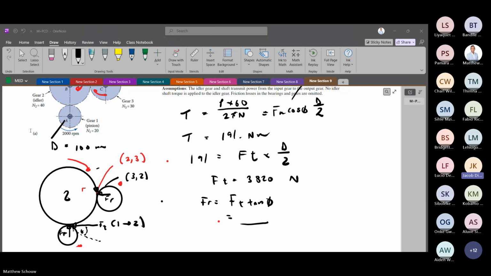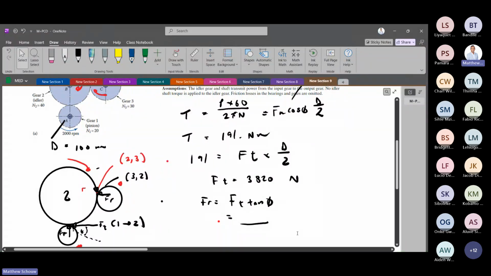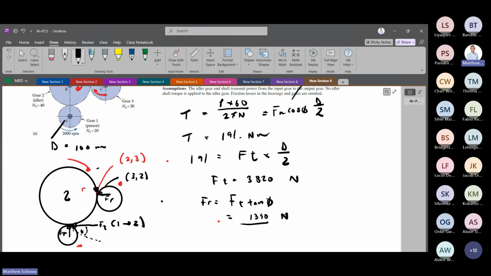The value of FT is 1390. 1390. Perfect. Okay. Colleagues, just please corroborate the other colleagues' answers before we move on.